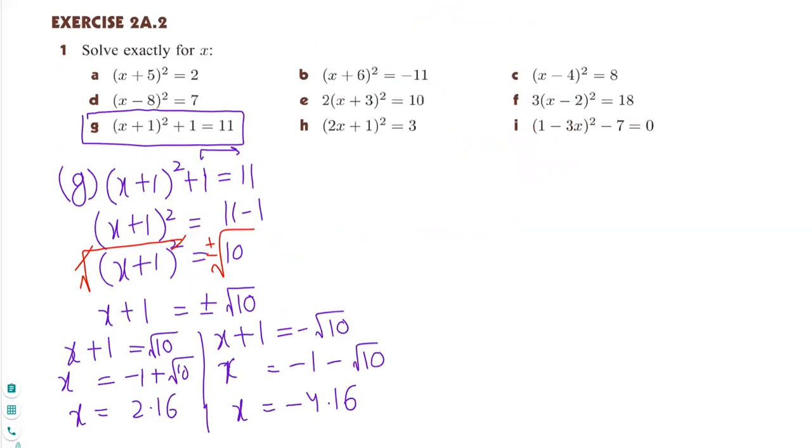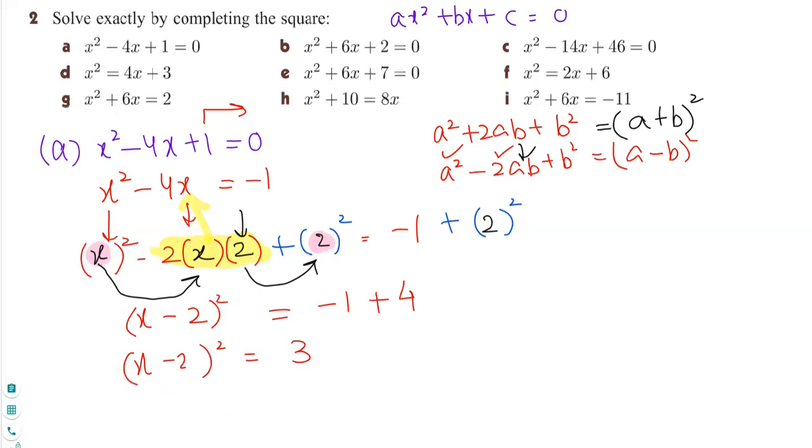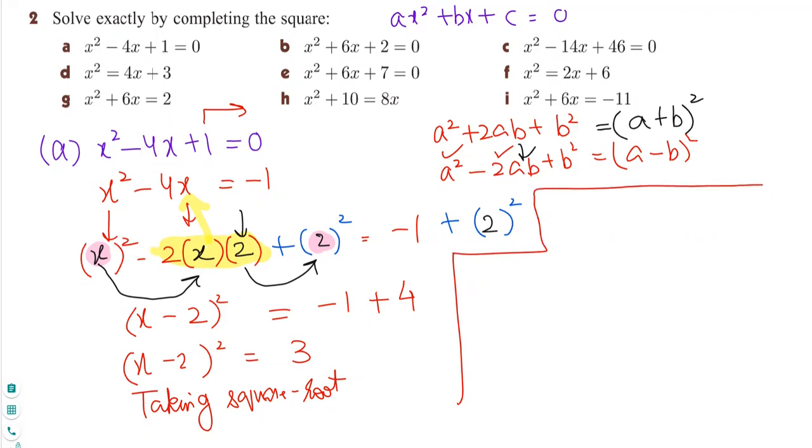On the right hand side, we have a constant like this. Now taking the square root of both sides, what we got: (x minus 2) whole squared is equal to 3.